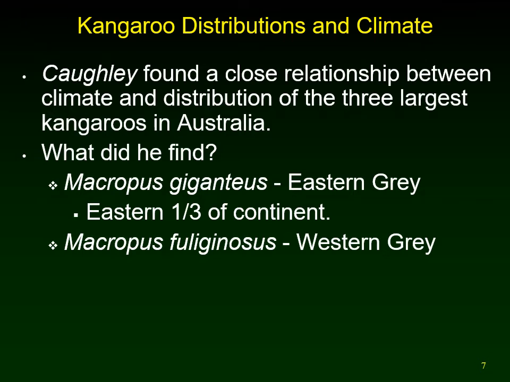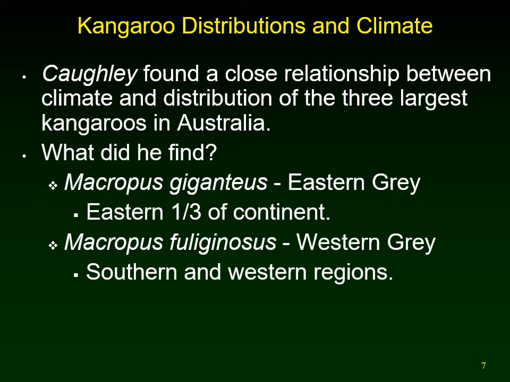Then we have the western grey, which is obviously going to be in western regions of Australia and is actually in southern and western regions. And this is found in the Mediterranean woodland and shrubland biome that we learned about in the biome chapter. Remember, that biome had very seasonal precipitation, winter rainfall.